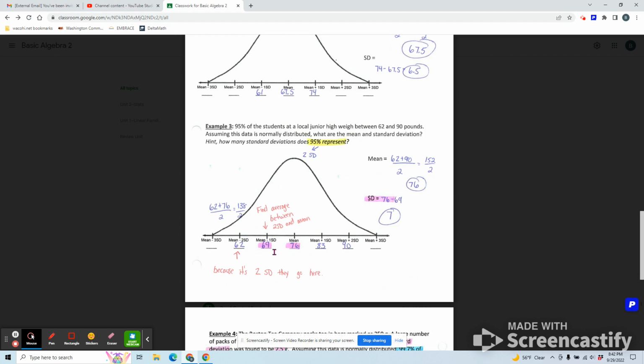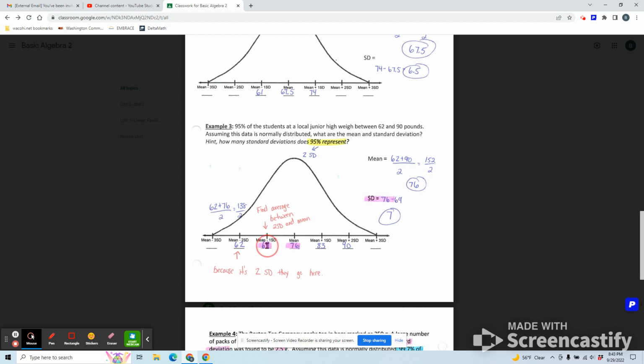So you might be thinking, well, how do we find this number? Well, because this is symmetrical, this is between 62 and 76. So over here, I'm adding 62 and 76 and dividing by 2.